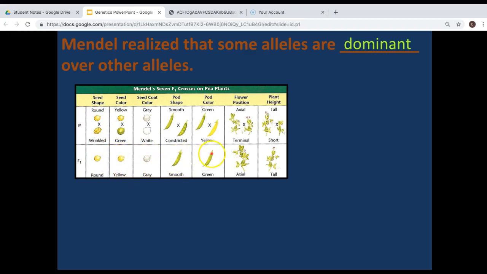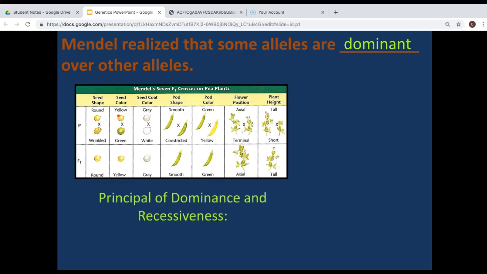Smooth seeds are dominant. Green pod shape or color is dominant. Axial flower position is dominant. And tall plant height is dominant. And all I did was look at the two breeds. So yellow mixed with a green plant, and we get a yellow offspring in the first generation. So that tells you that the yellow plant is dominant, or the yellow color is dominant.